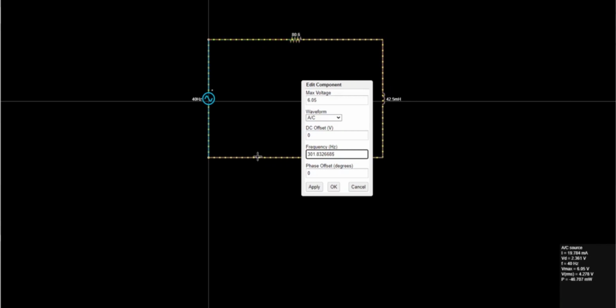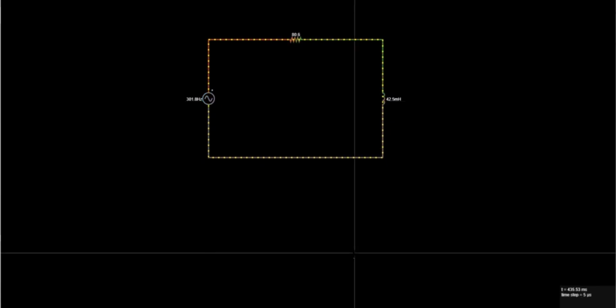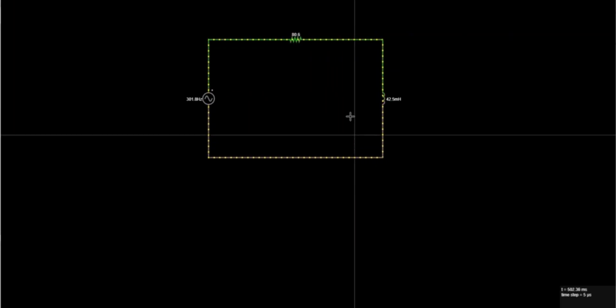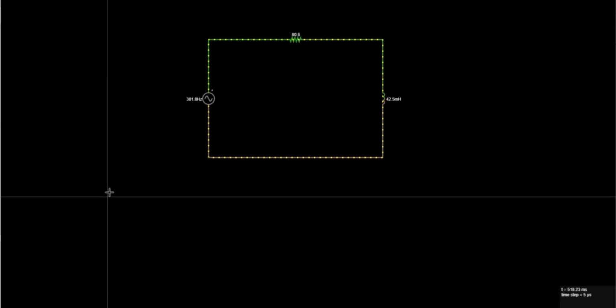With these numbers here, if I use this frequency, at any moment in time, my voltage drop across the inductor will match the voltage drop across the resistor. So say apply. There it is. So this isn't resonating. Well, there's no such thing as resonance in just an RL circuit, but this is producing equal voltages.